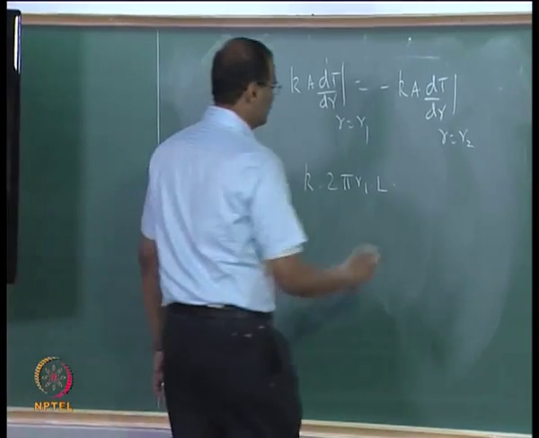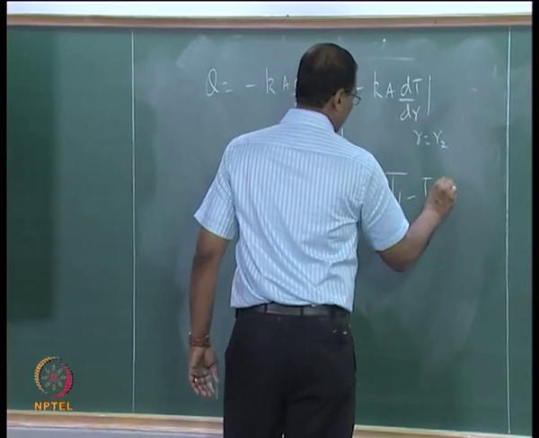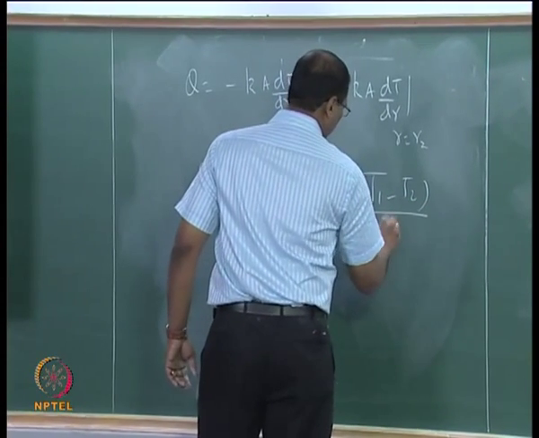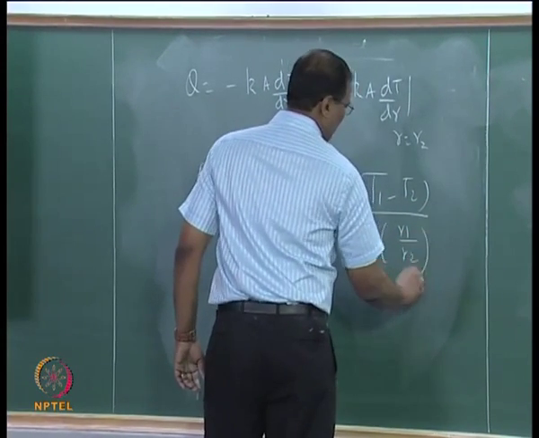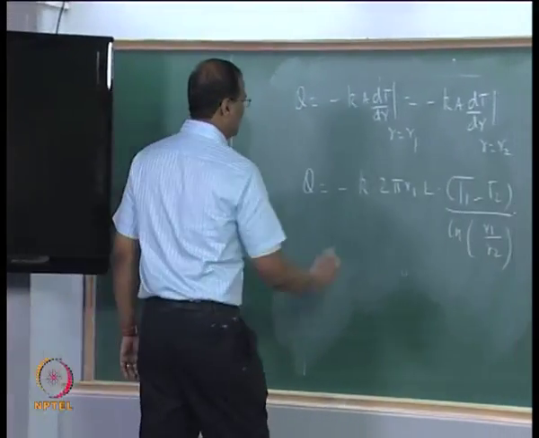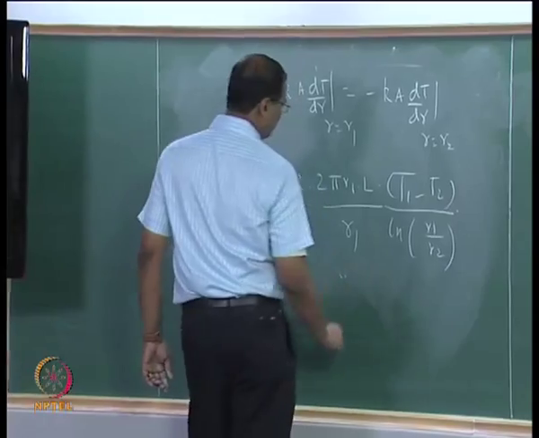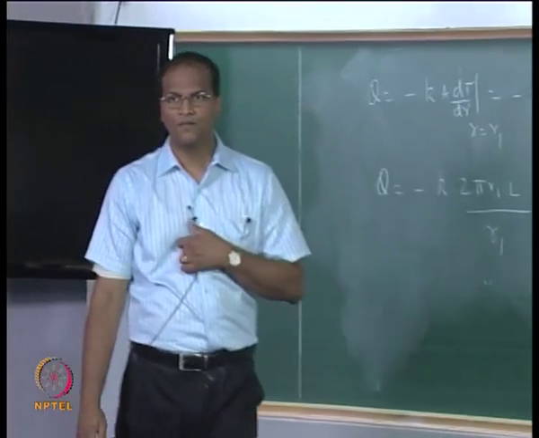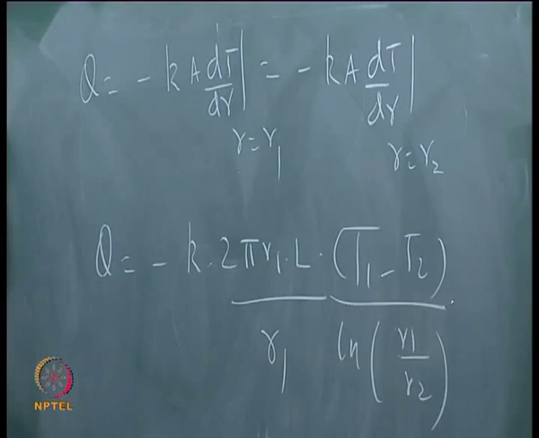T1 minus T2 over ln of r1 by r2. I can take care of the minus sign by writing the denominator as ln of r2 by r1. Okay.